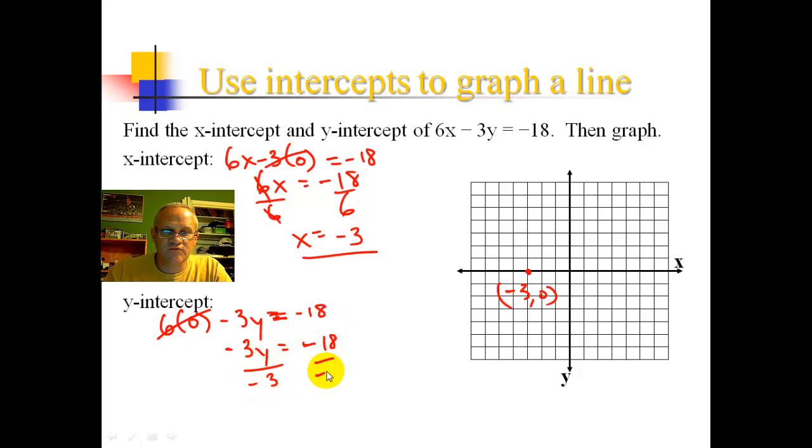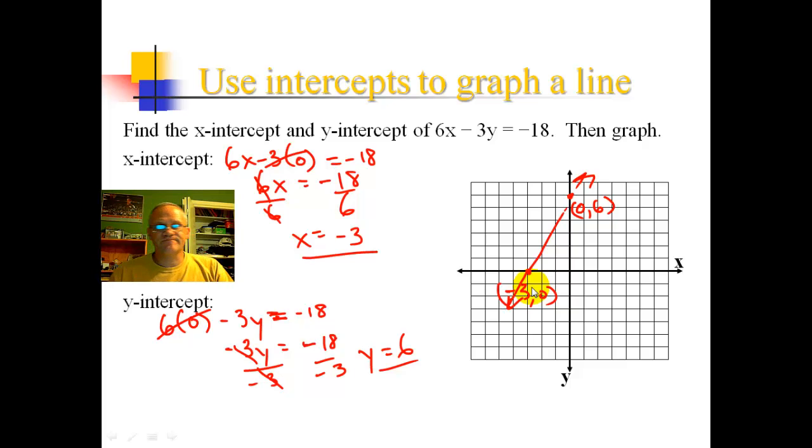Divide by negative 3. So we say, oh, y is 6. So 1, 2, 3, 4, 5, 6. That's the point 0, 6. And that means we will draw a line through those two points.